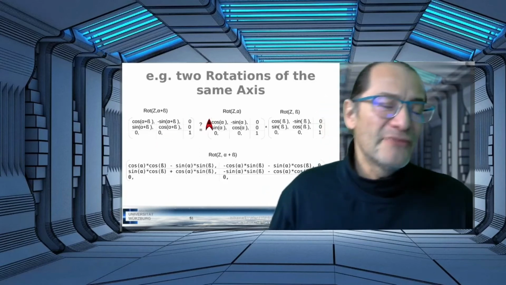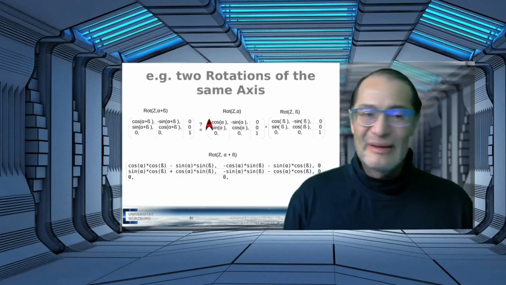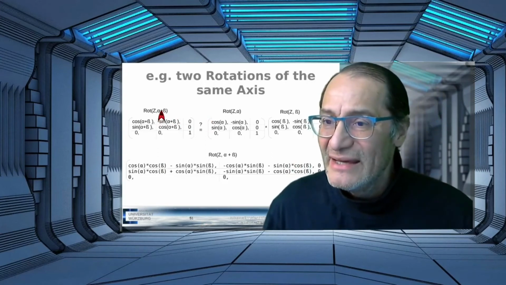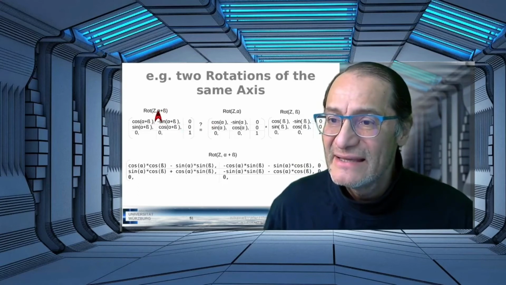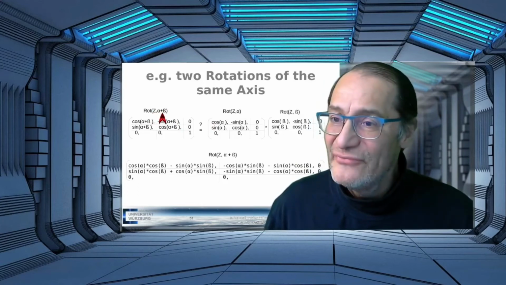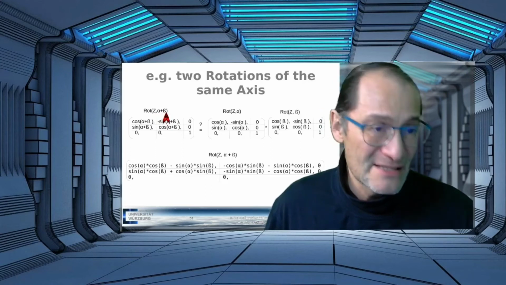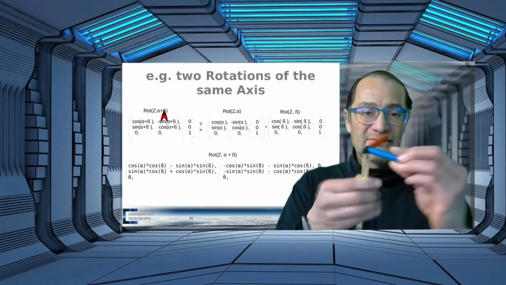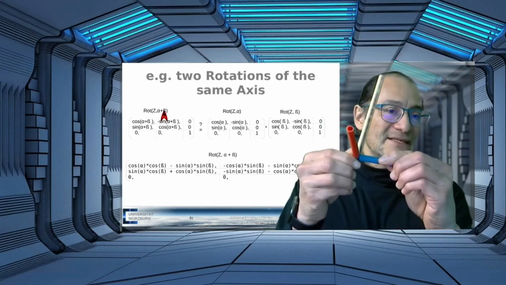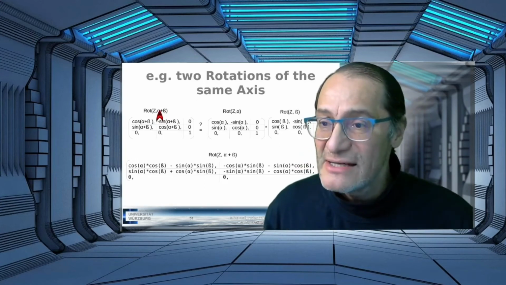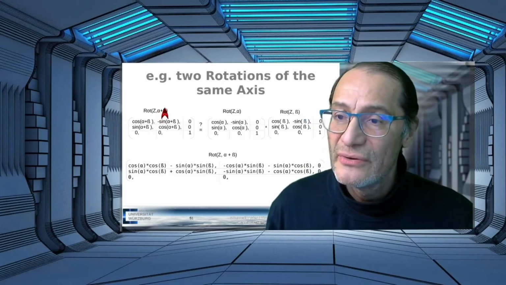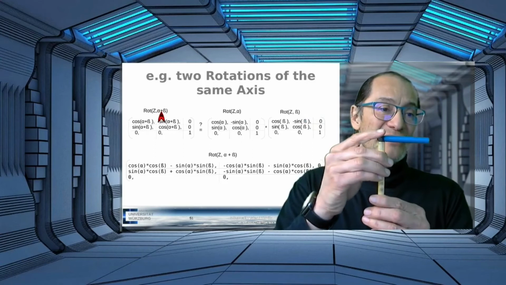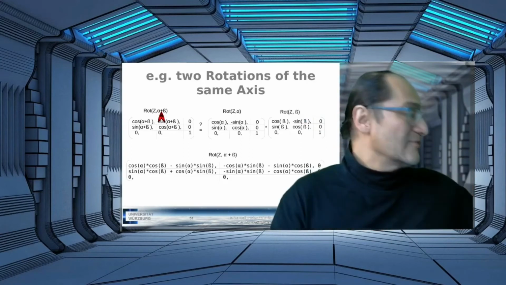And here, if you want to make some mathematical exercises, you can try this rotor on z. If you add two angles rotating on the same axis, for example, rotating on z, first this and then this, it will be exactly the same as only one rotation with the sum of these angles, if you don't change in between the direction of this axis.